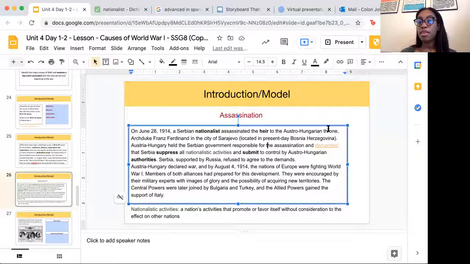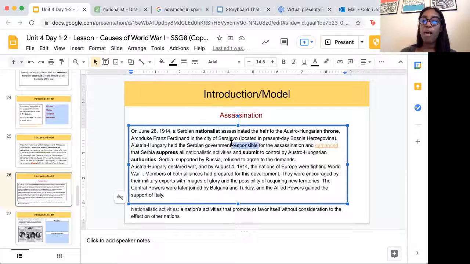He was supposed to be the leader of Austria-Hungary, but of course, we know he gets assassinated, so this doesn't happen. So what happens is Austria-Hungary is going to hold the Serbian government responsible.